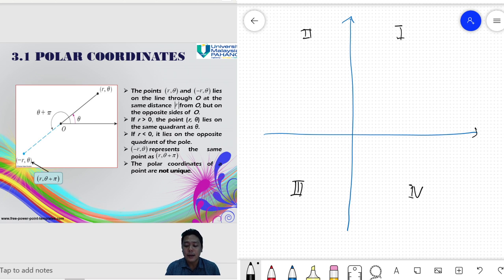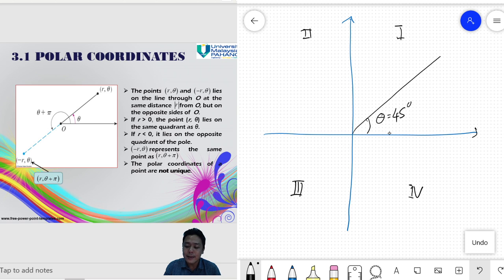The angle is read in the anti-clockwise direction. So for example, if you have an angle here, let's name it 45 degrees.